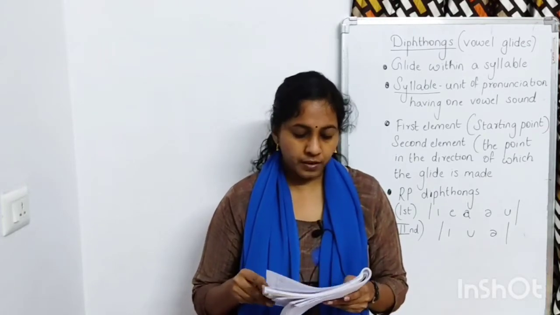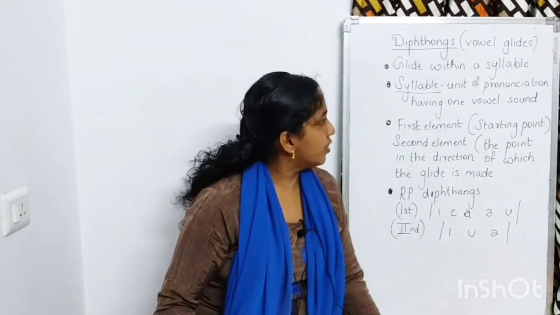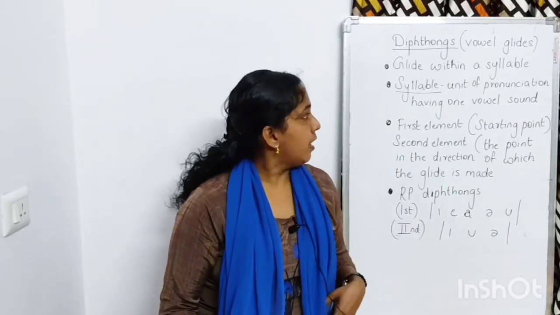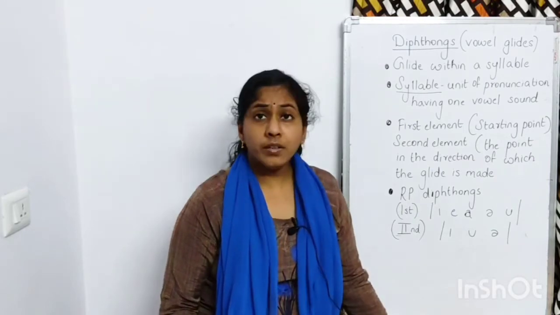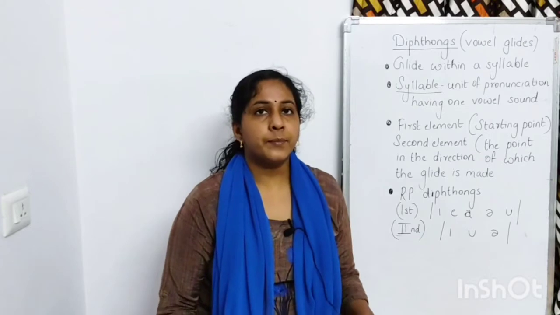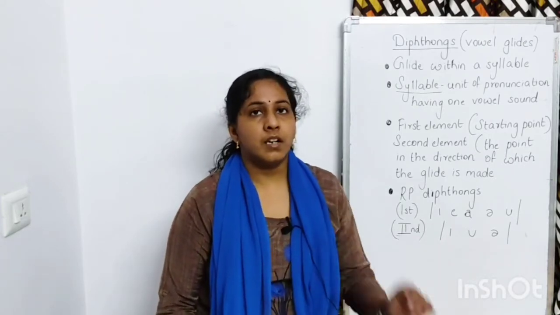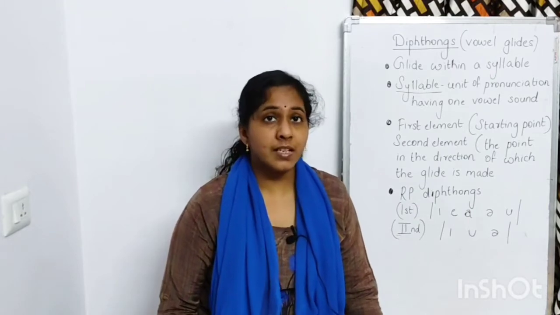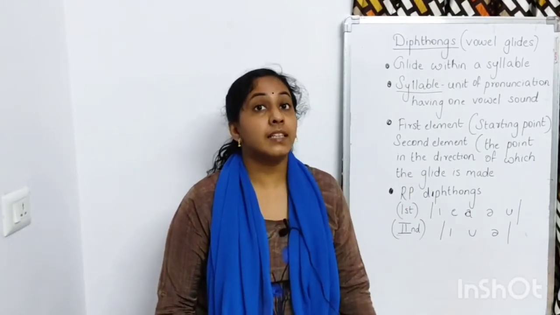Now you have to first know what a syllable is. A syllable is a unit of pronunciation having one vowel sound. We saw examples of syllables, I guess. Book is one syllable. Water is a two-syllable word. Inferno is three syllables.